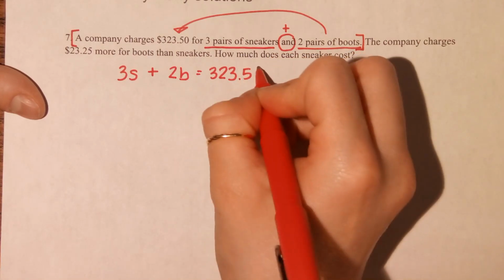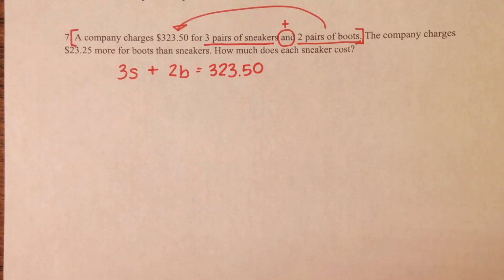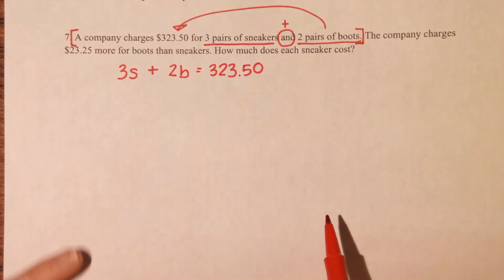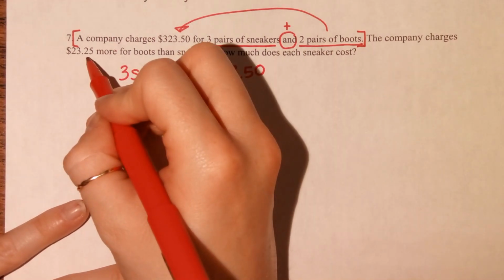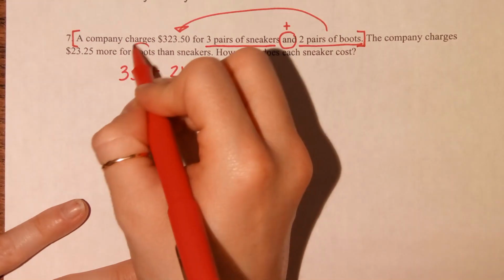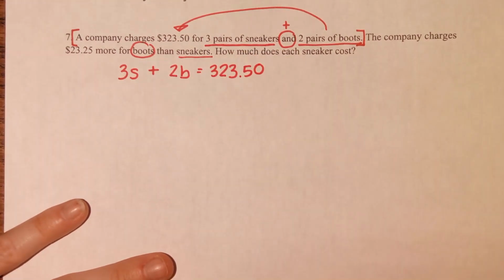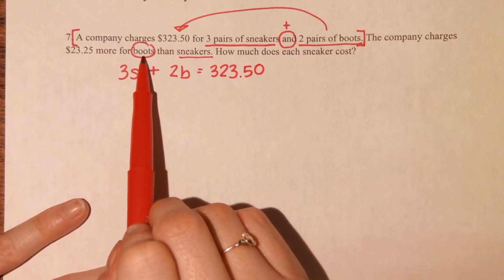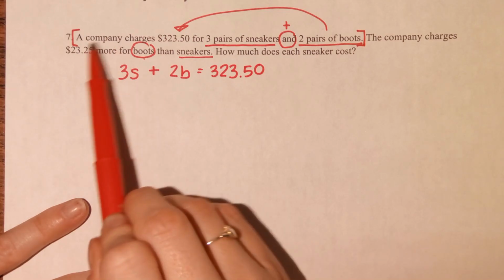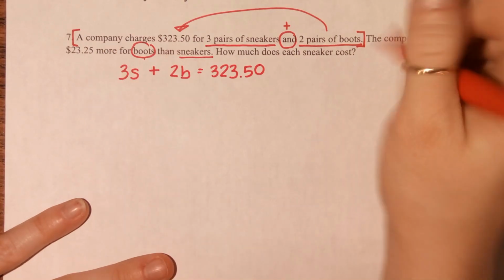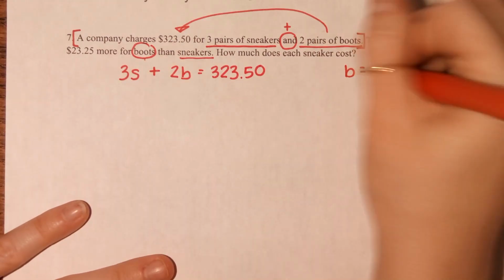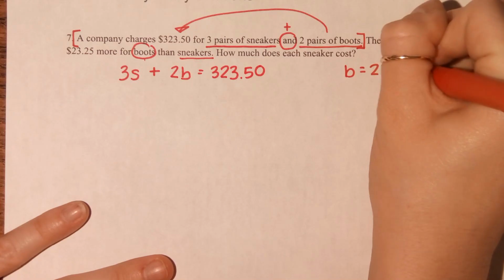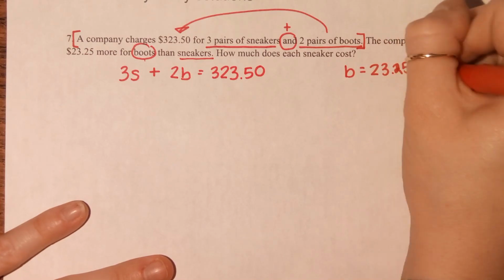The company charges $23.25 more for boots than sneakers. All right, so if we know that the total for boots is more combined with the sneakers, we can write that boots equals 23.25 plus our sneaker cost, because if we add $23 and our change to the cost of our sneakers, we will get our boot cost.